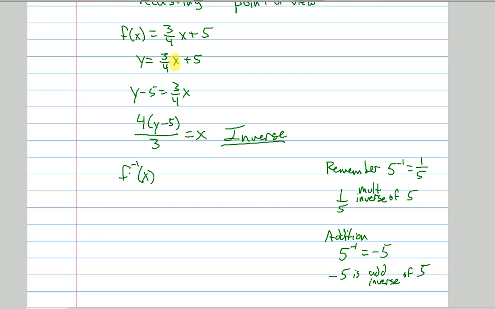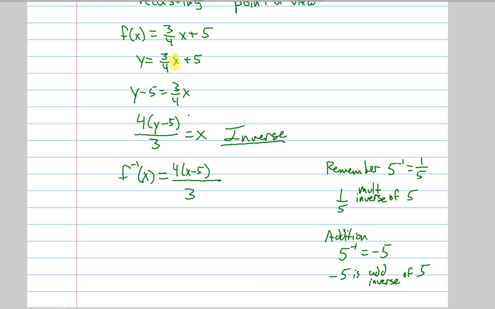Going back to function notation, this -1 up here means that this is the functional inverse of f of x. So f inverse of x I'm going to write as 4 times x minus 5, divided by 3.